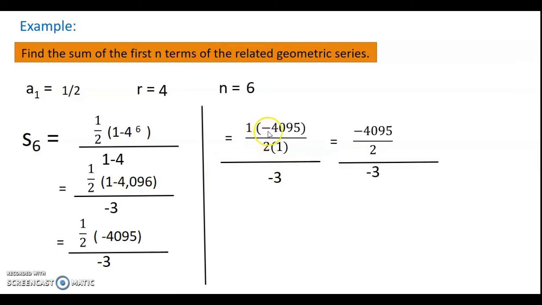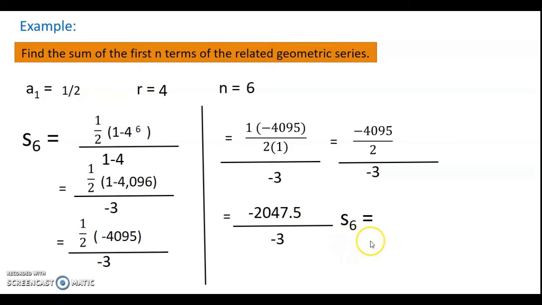So 1 times negative 4,095 is equal to negative 4,095 over 2 over negative 3. So if we divide negative 4,095 by 2, we will have negative 2,047.5, or 1/2, over negative 3.